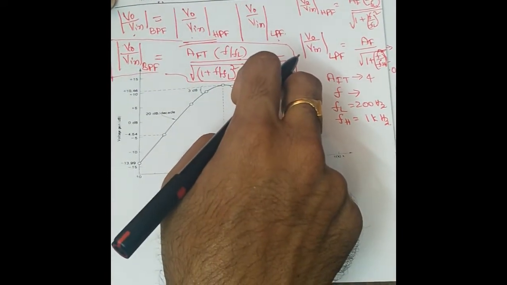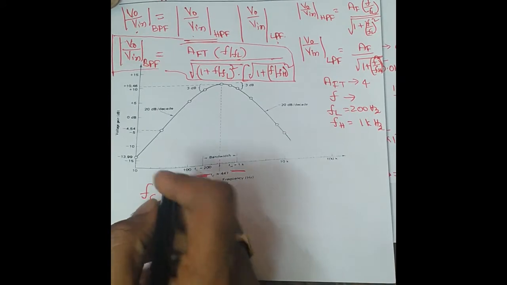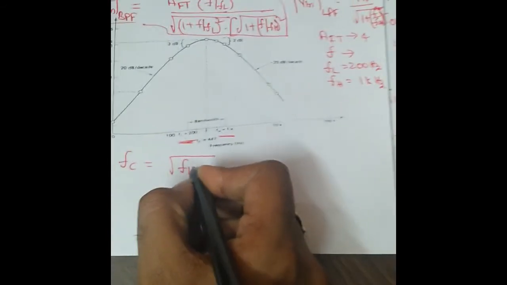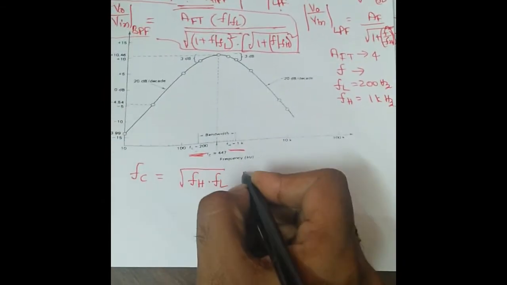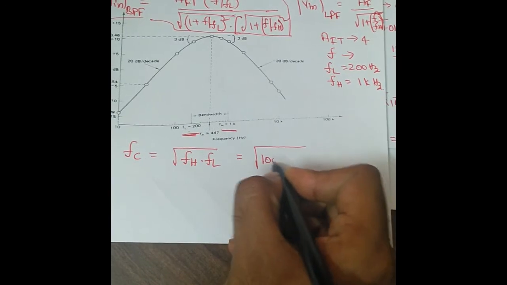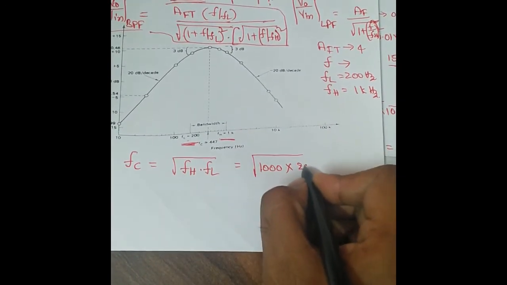For this wide band pass filter, the center frequency fc can be calculated by the formula fc equal to square root of fh into fl. We know that the value of fh is 1000 Hz, that is 1 kilohertz, and the value of fl is 200 Hz.